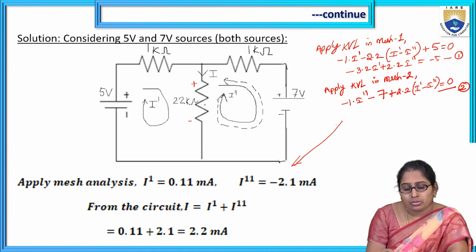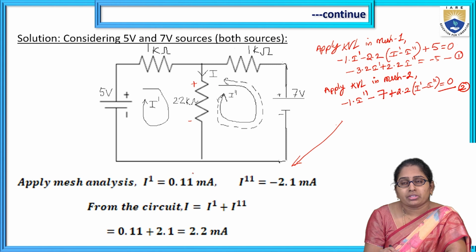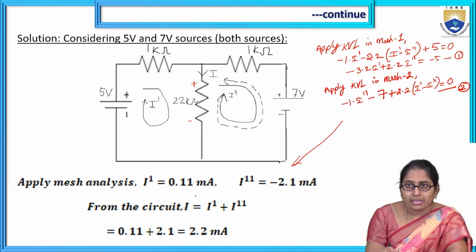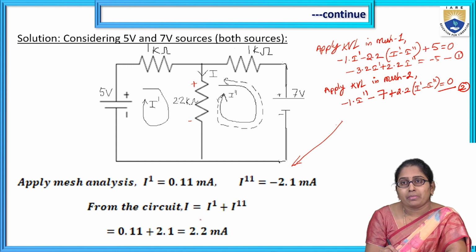I dash is going like this in 2.2k, and I double dash is also going from up to down. So in terms of I dash and I double dash, capital I is given by the sum of these two currents.